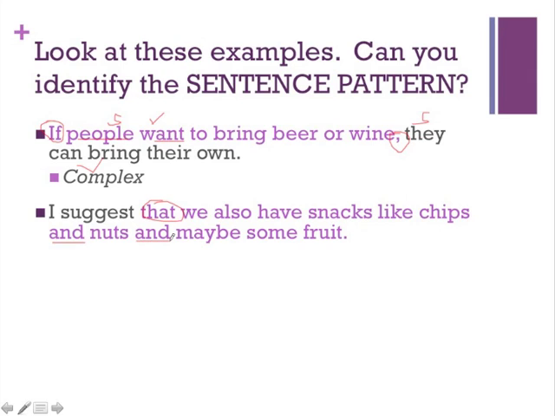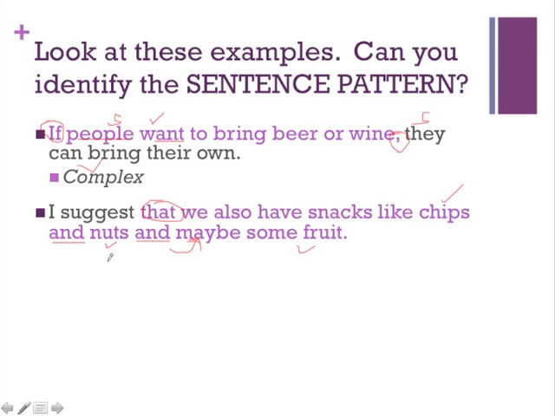How come this is not a complex compound idea? Well, that's because they're not connecting to anything that's complete after it. See, notice this last part here, maybe some fruit, is not actually a complete idea either. There's no subject, there's no verb here. So in this case, these particular conjunctions are actually making a series of ideas, or a list. So notice we have a list of chips, nuts, and fruit.